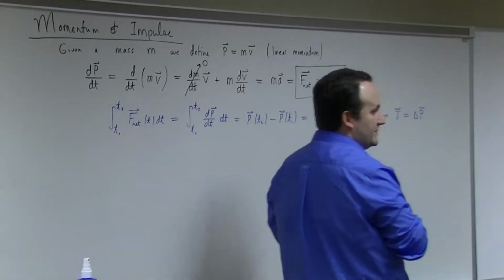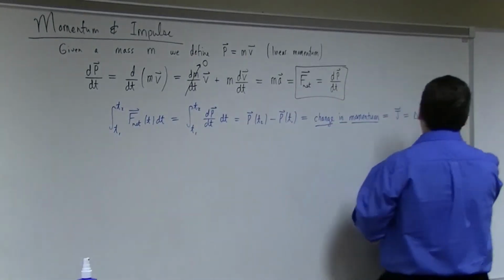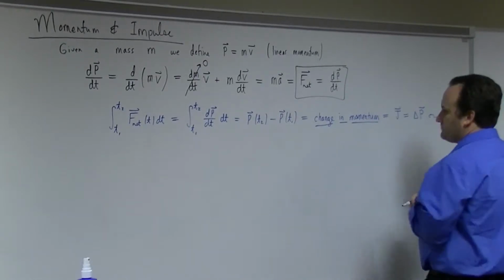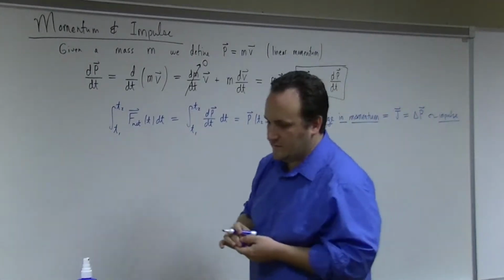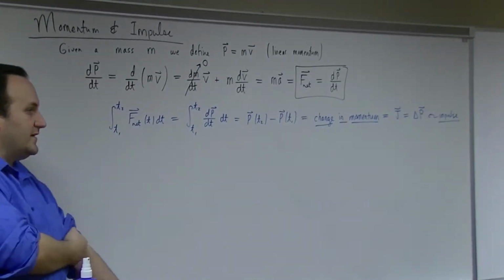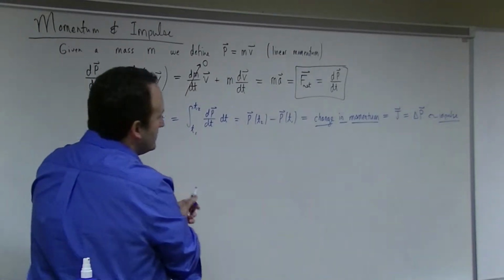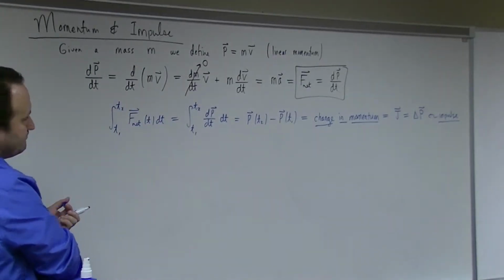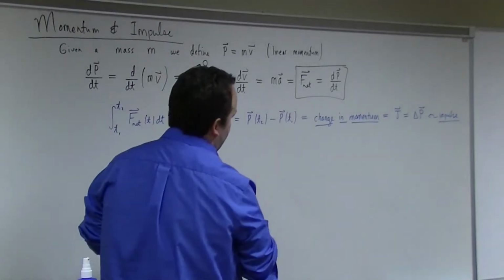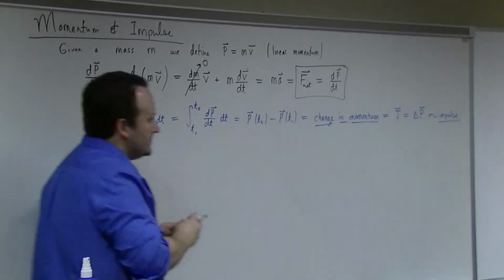And this is in fact what's known as impulse. It's the impulse which is given to the mass m by the net force over the duration time 1 to time 2. So in other words, the integral of the force gives you the change in momentum, which is what we call the impulse. Let's look at an example.